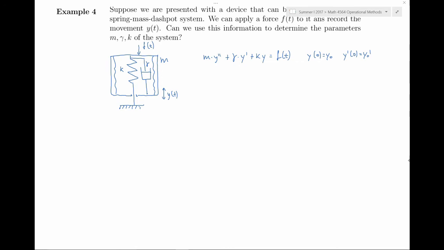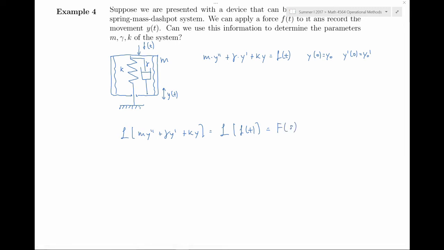Well, if we apply the Laplace transform to the system, the Laplace transform of m y double prime plus gamma y prime plus ky should be equal to the Laplace transform of f of t. Since we know what f of t is, let's call its transform F of s.